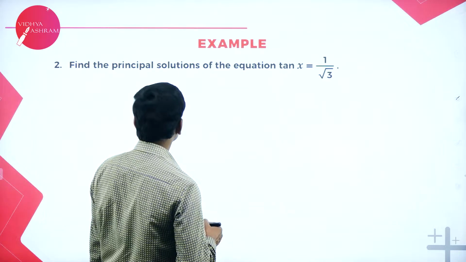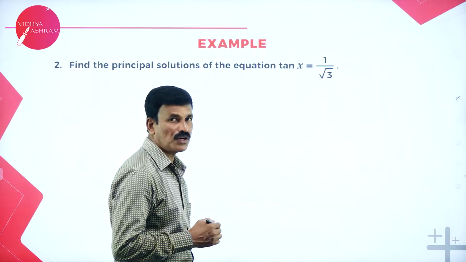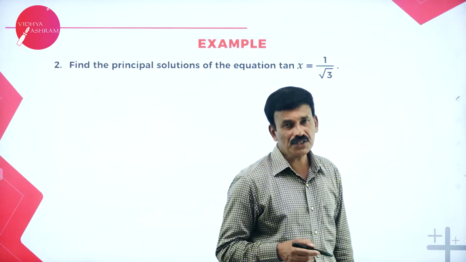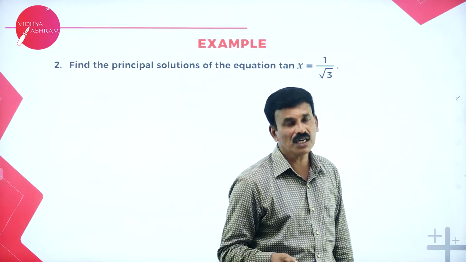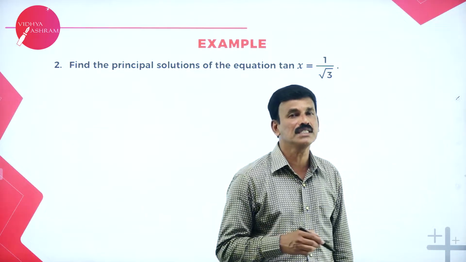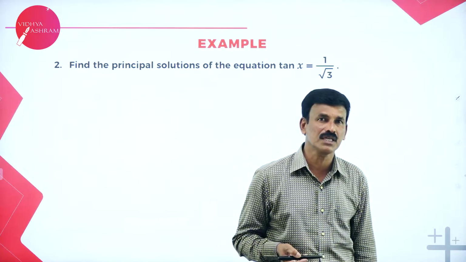Find the principal solution of the trigonometric equation tan x is equal to 1 by root 3. First, find the value of x which satisfies this given equation. Then find one more value of x which lies between 0 to 360 degrees, which will give us the principal solution.